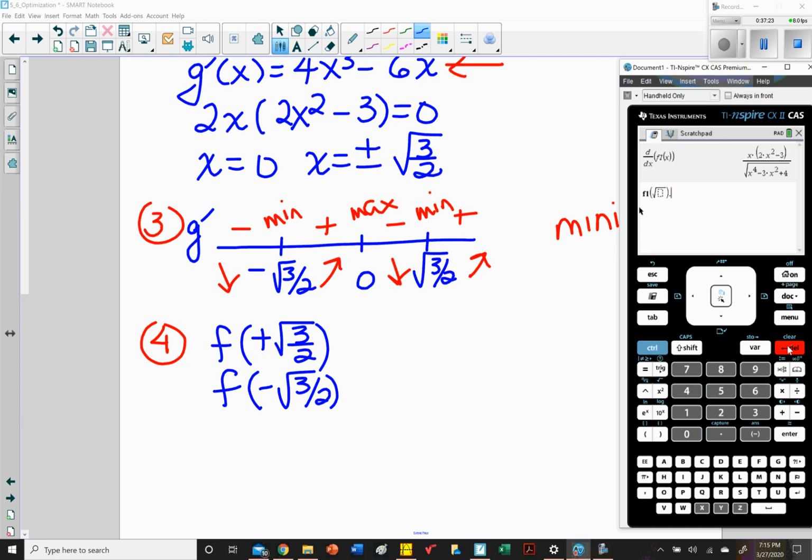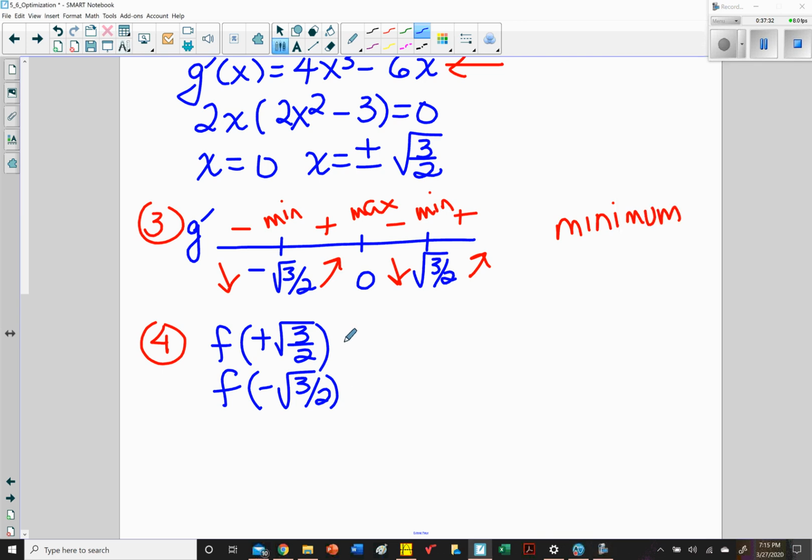Well, I'm just having a real hard time with the square root function on this calculator. Okay, 1.322. Oh, wait a minute.